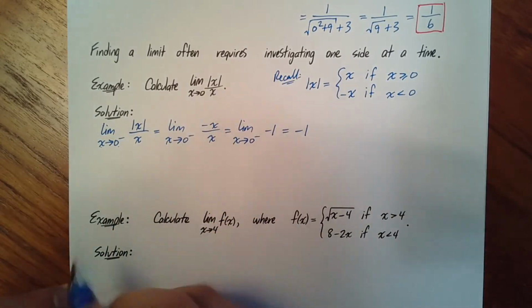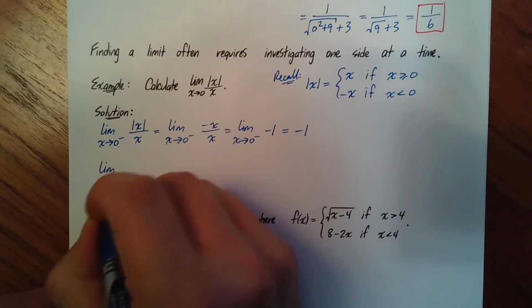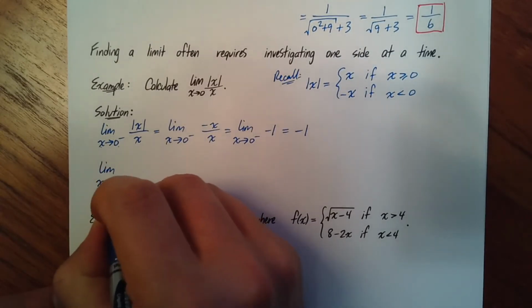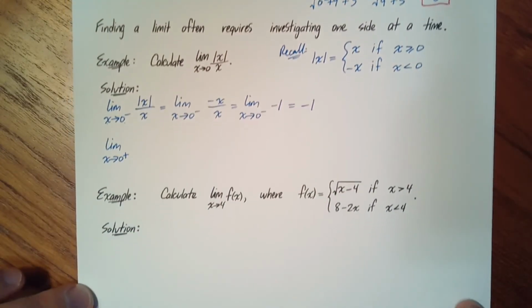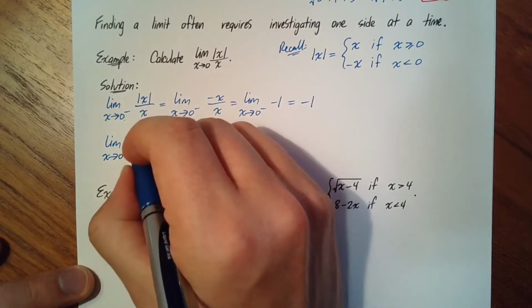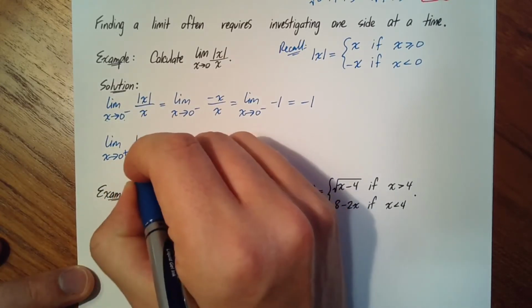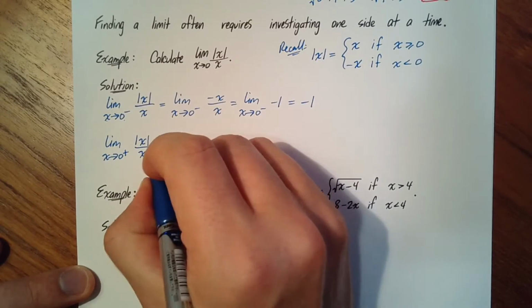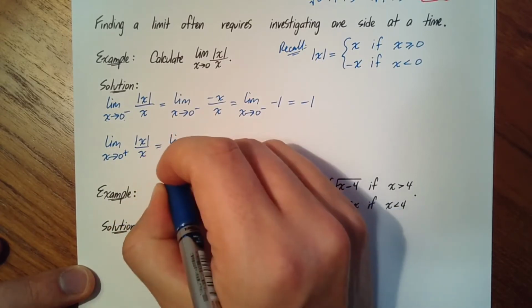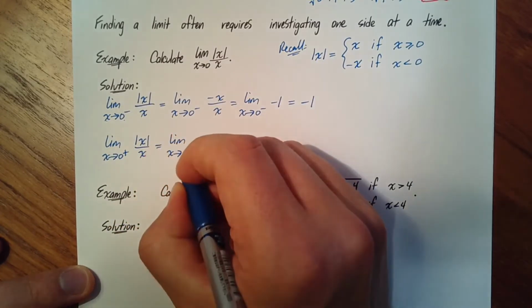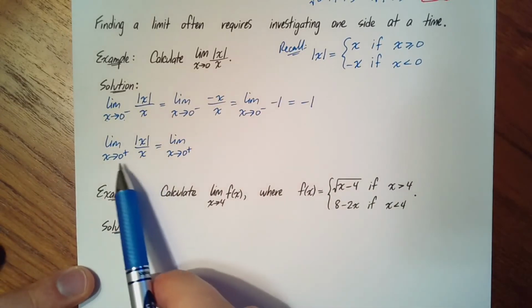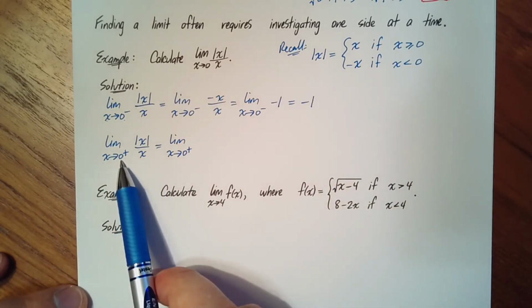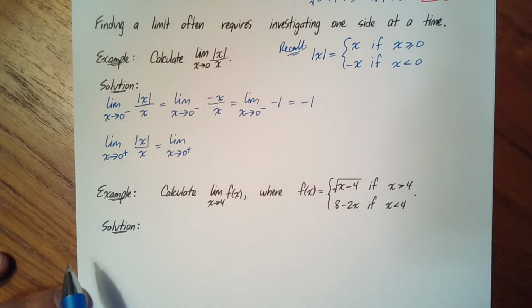Let's find the other one-sided limit and see what happens as x goes to 0 from the right. So we'll take the limit as x goes to 0 from the right of the absolute value of x over x, and we get what? Well, as x approaches 0 from the right, the values of x that this limit cares about are positive.